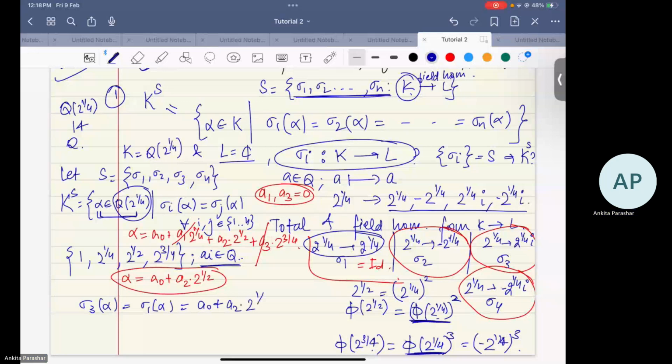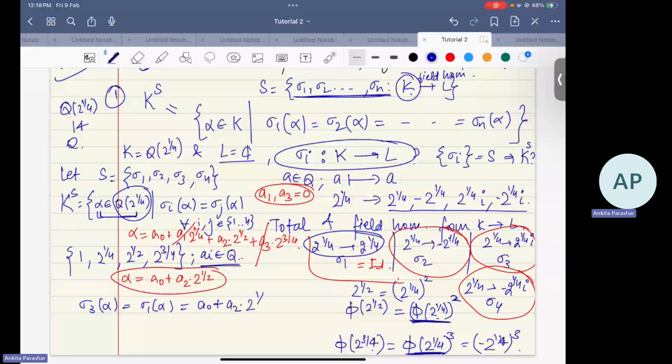And where is K? K is Q(2 power 1 by 4). So now this time we don't have C. We only have maps from Q(2 power 1 by 4) to Q(2 power 1 by 4). First of all, A goes where, where A is in Q?